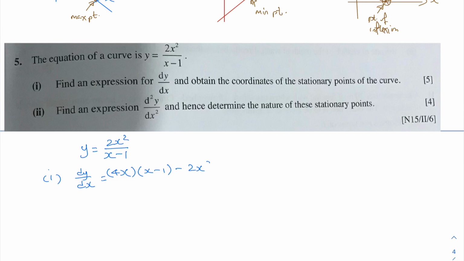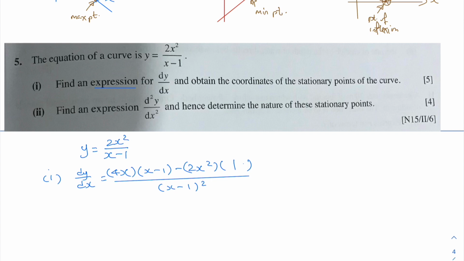So the top, keep it, don't change, and then differentiate the denominator. What do you get? 1. And here, divide by x minus 1 squared. Very good. So this is the expression for dy/dx, which is what you need.